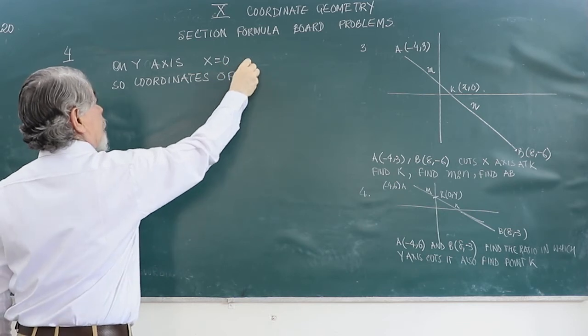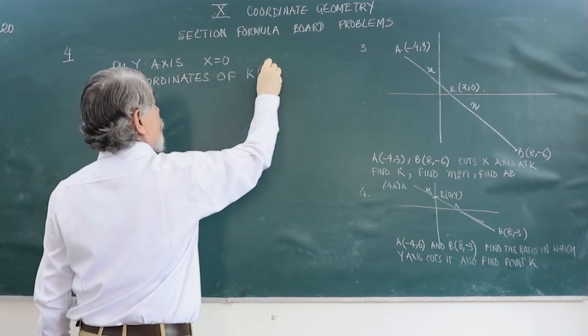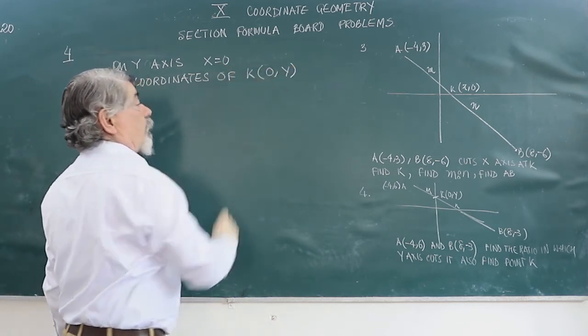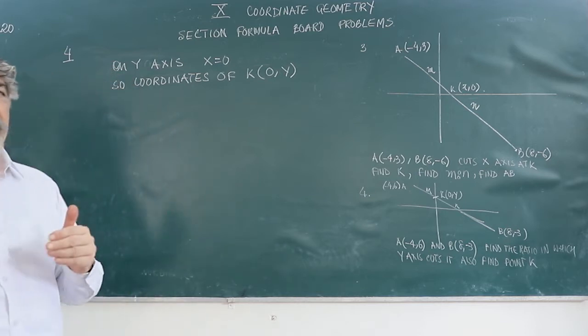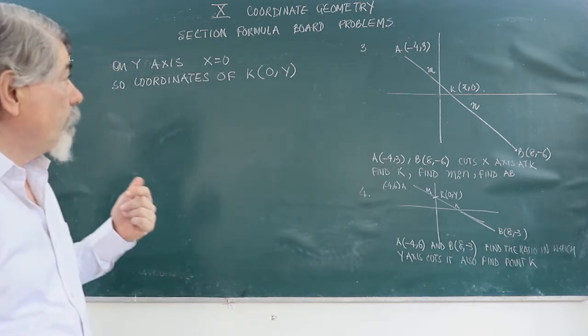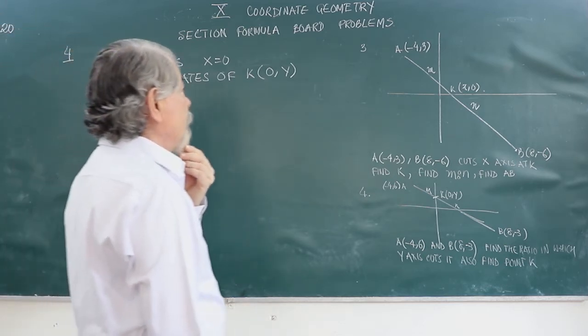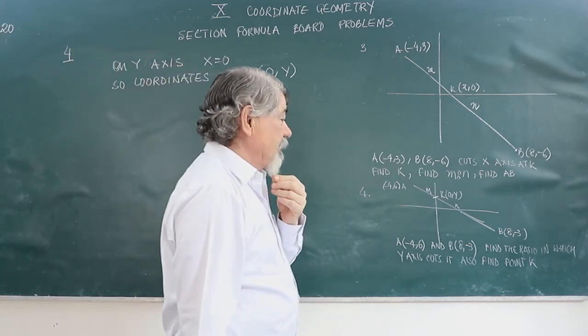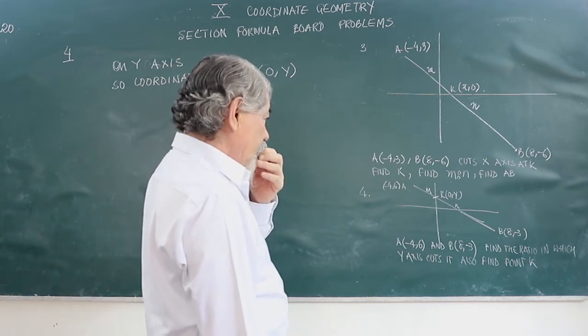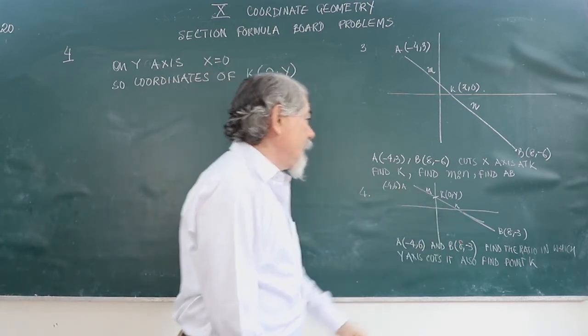Like on the x-axis we had (x, 0), on the y-axis we have (0, y), because on the x-axis the y coordinate is 0, and on the y-axis the x coordinate is 0. Now it is m is to n, so let us calculate.